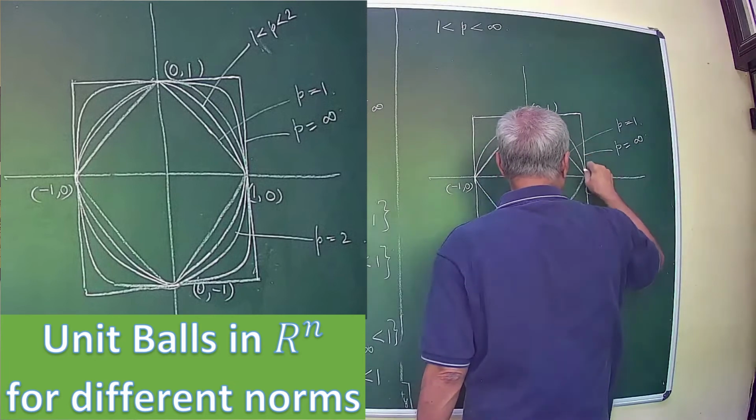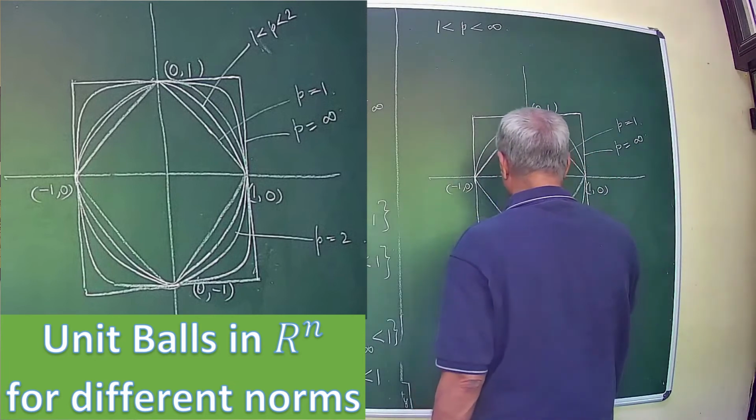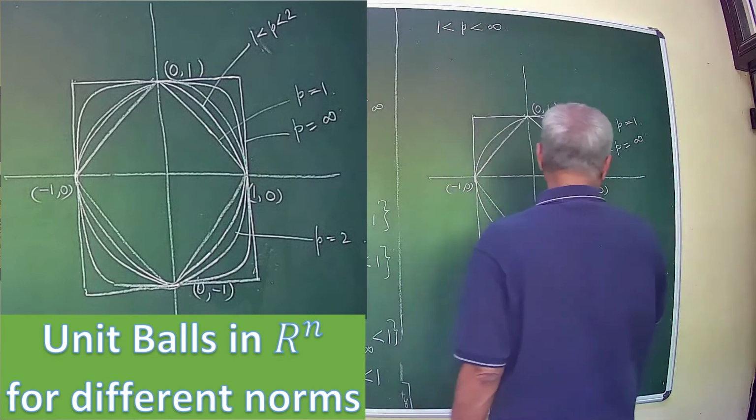This is what you call the unit circle, a perfect circle. That's the case when p equal to 2.